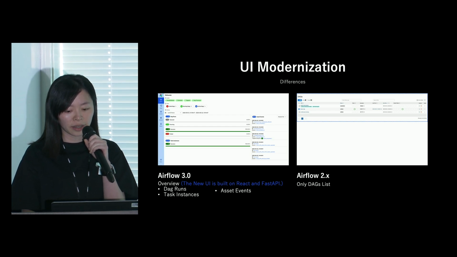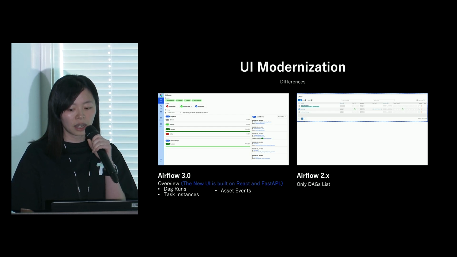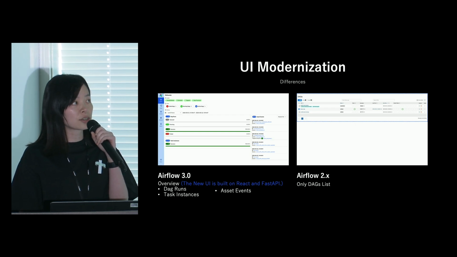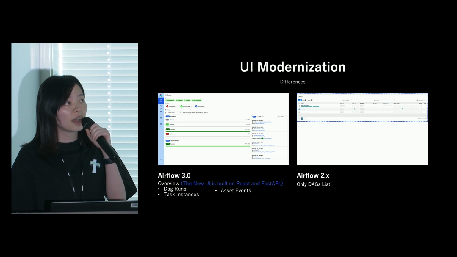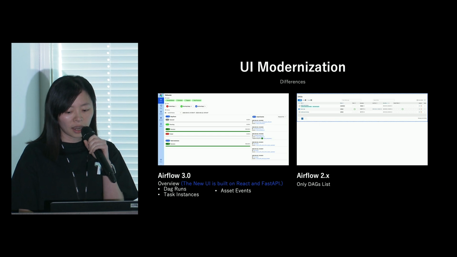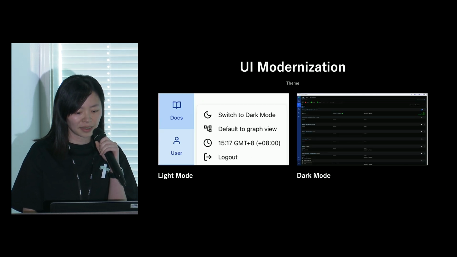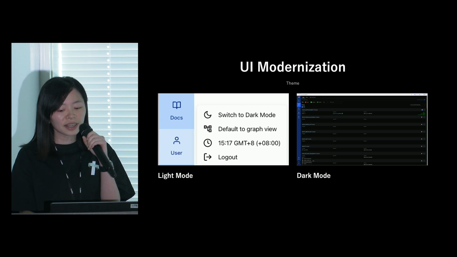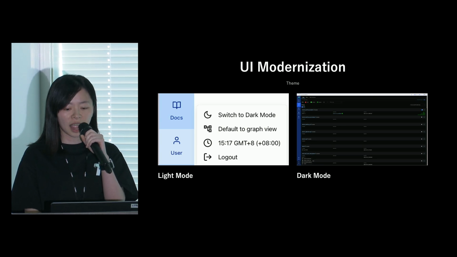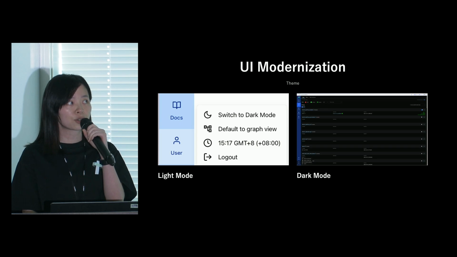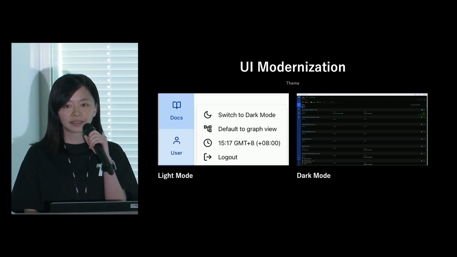In the older version, you can only see the DAG list, with no health info or stats. As you can see, the new interface enhances user experience. Additionally, Airflow 3 includes a dark mode. The default mode is light. You can switch to dark mode anytime.